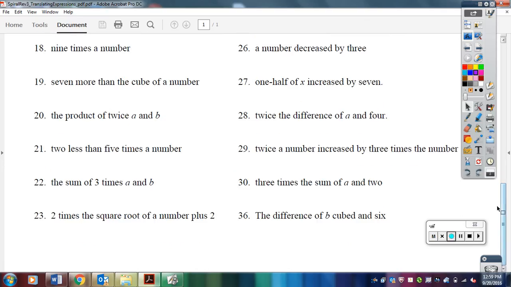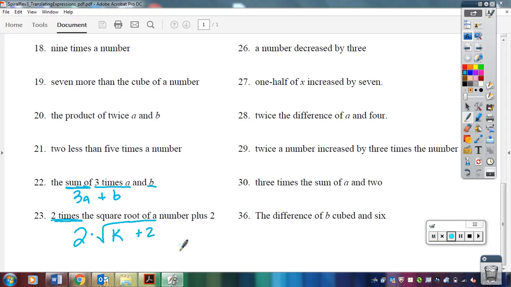Move down. We're on to 22, I believe. Yep. The sum, which means addition, of 3 times a and b. So it's the sum of these two things, the addition of this and that. 2 times, so 2 times is multiplication, 2 times the square root of a number plus 2.